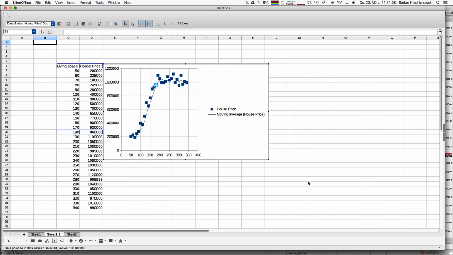And now we have something which does not incorporate any assumption of any functional behavior. It comes simply out of the data itself. And that is a big advantage of that concept, k nearest neighbor.